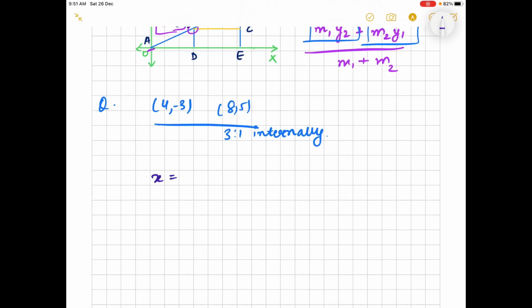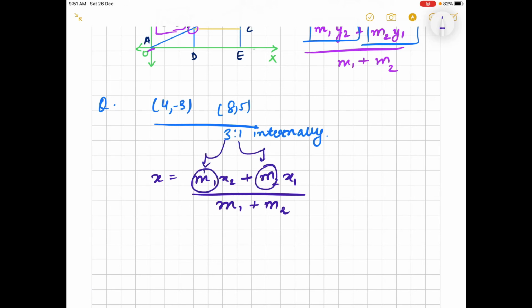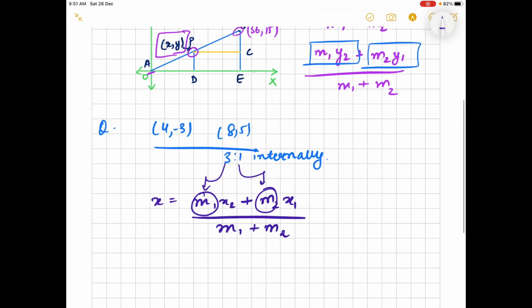We have to find the x coordinate first. The formula to find the x coordinate is m1 x2 plus m2 x1 divided by m1 plus m2. We just have to put in the values. m1 is 3, m2 is 1, as the ratio is given as 3:1.